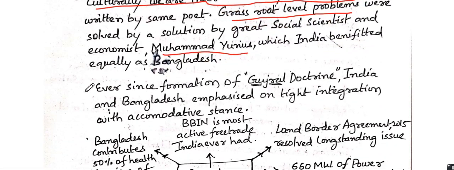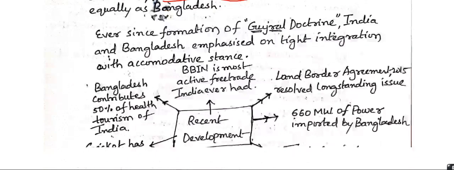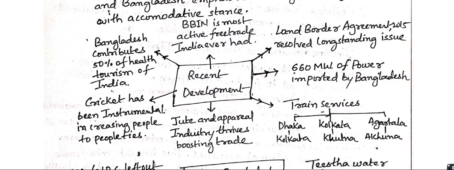And you can mention the Gujral Doctrine. Then after this, you can list out positive points: health, tourism, cricket, maybe free trade of BBIN, that truck free trade.